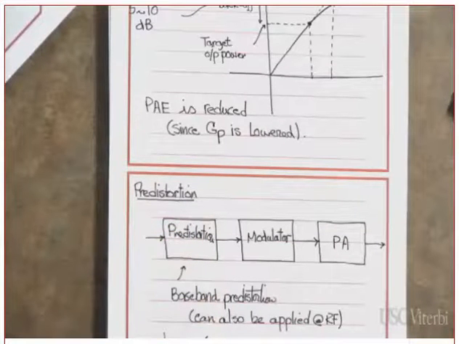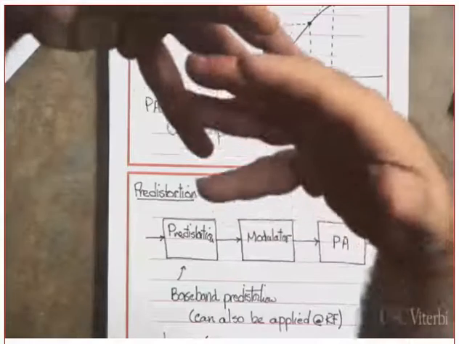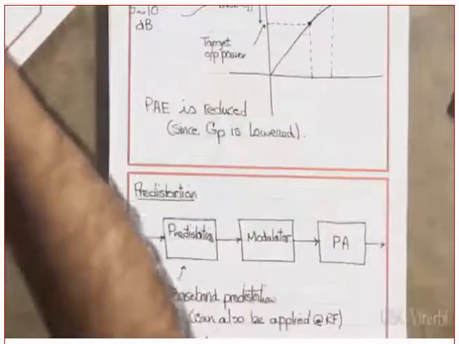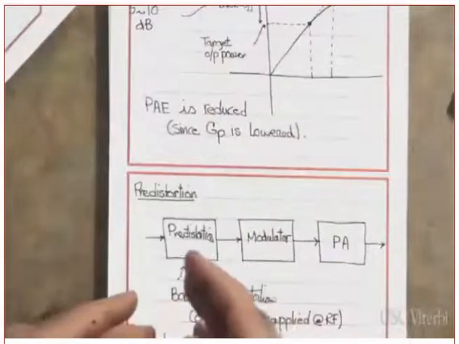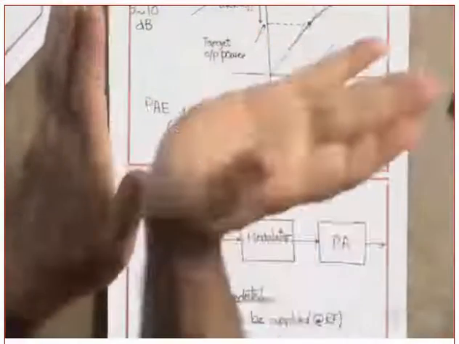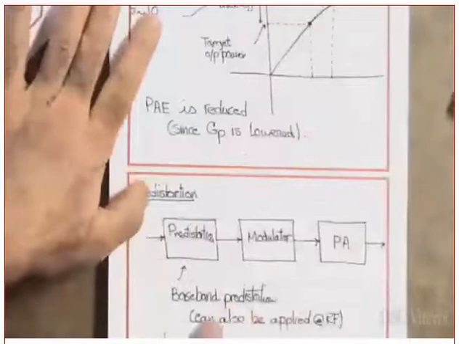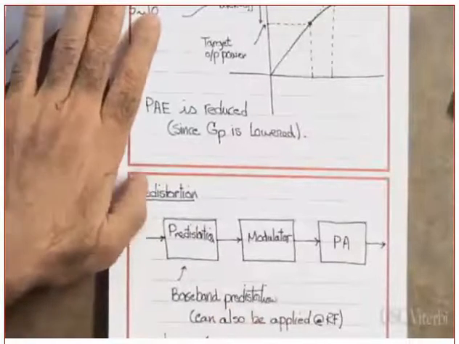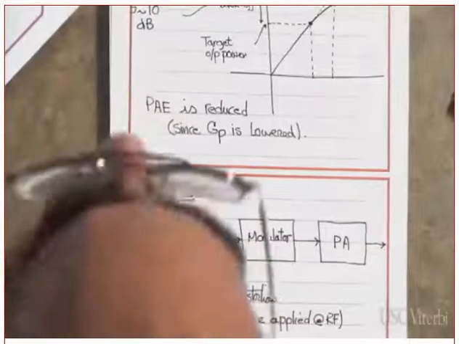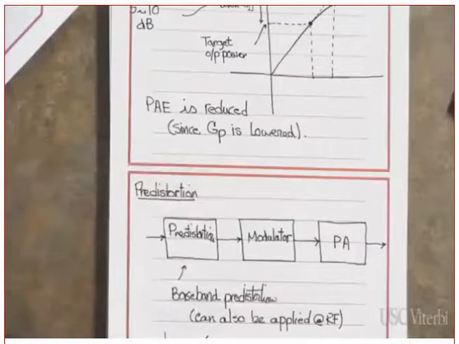Remember, when you connect two systems in series, the overall frequency response will be the product of the frequency response of the first one times the second one. So if they have distortion in opposite directions, in other words, one of them is like this, the other one is like this, when you multiply them together, you will end up with something which is constant.